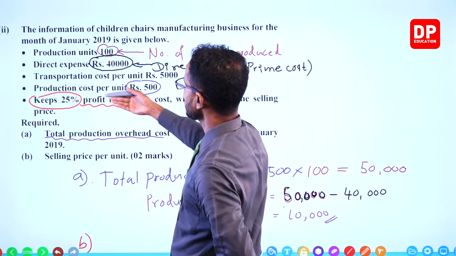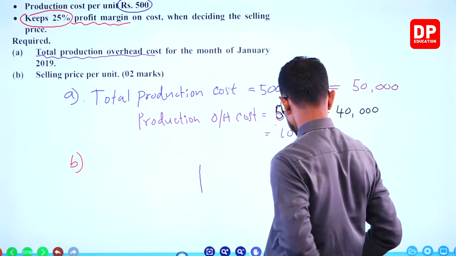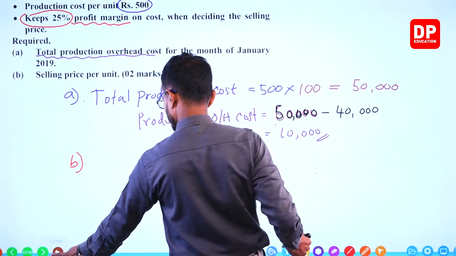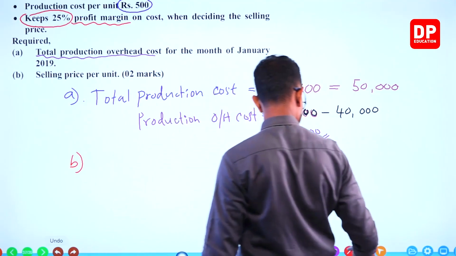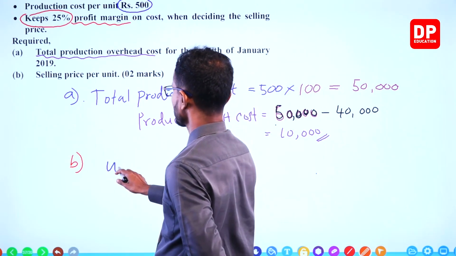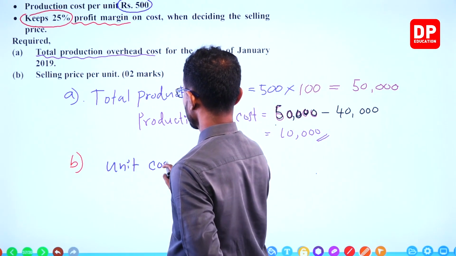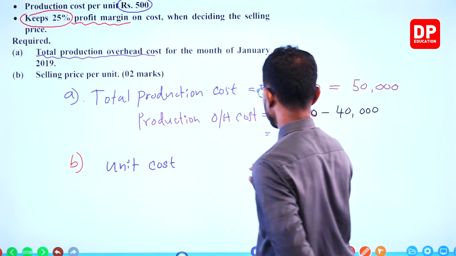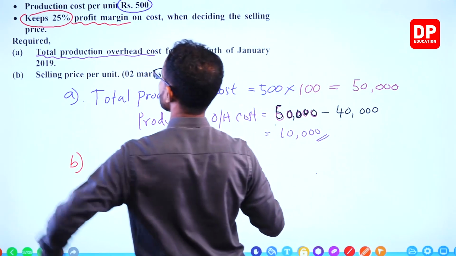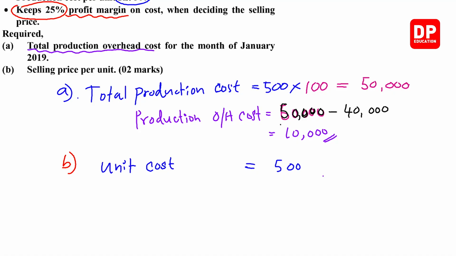Production cost per unit 500. Unit cost is 500 rupees.